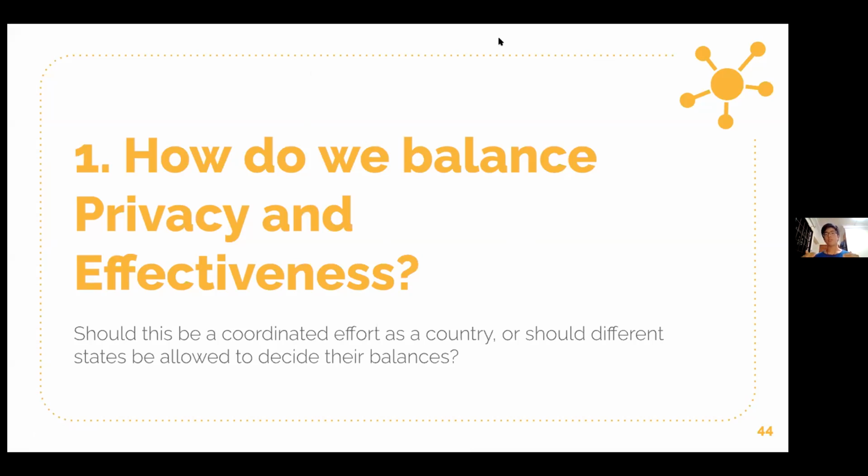This balance between privacy and effectiveness might be different depending on whether the country is more individualistic or collectivist. With the United States having a national level as well as a state level, how much do we think we should balance this out with everyone?